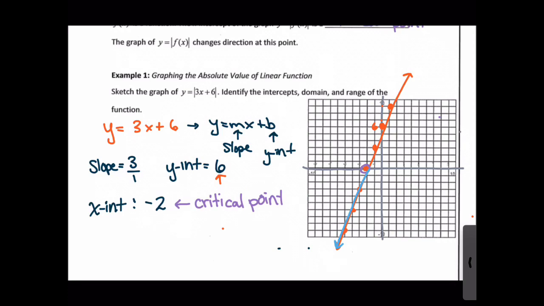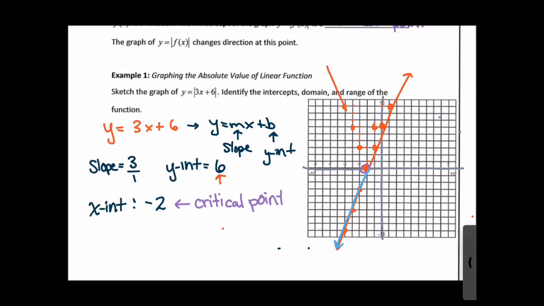So we're going to go from our critical point, and we're going to do our slope backwards. So I would go up 3 over 1 in the opposite direction. Up 3 over 1. So I'm going from my critical point. 1, 2, 3 over 1.